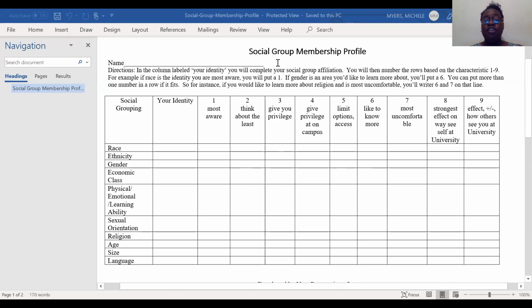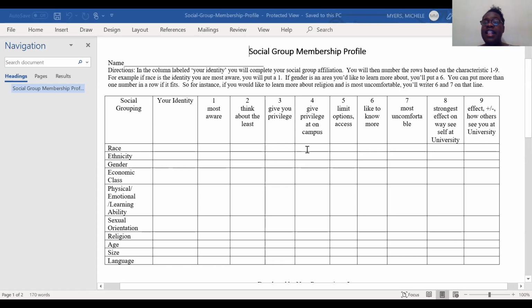So when you're completing your social group membership profile, I want you to label the identity that you're going to use to complete your affiliation with a certain group. When it comes to race, there's a group that you belong to. For me, my identity factor in that would be Black or African American. Ethnicity, I'm not Hispanic. My gender is female, economic class, middle class.